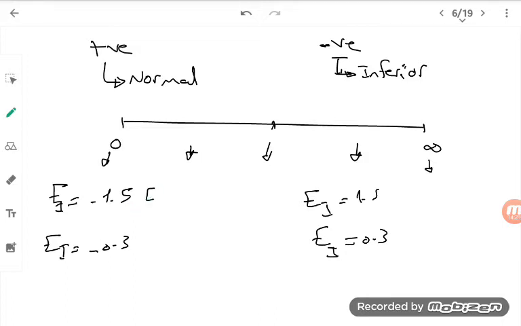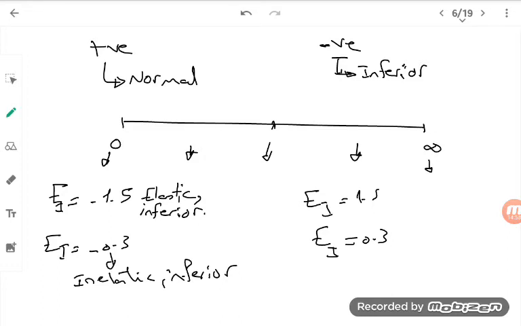So elastic and the commodity is inferior. Case number 2, negative 0.3. Negative stands that the commodity is inferior, while 0.3 stands that the demand is inelastic. So inelastic, inferior commodity.